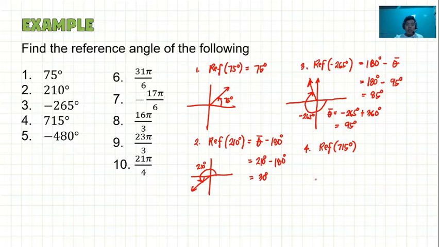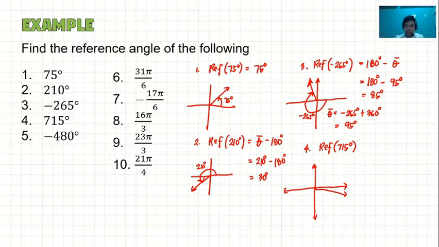So let's first locate 715 degrees in our Cartesian plane. So in this case, 715 degrees is more than one revolution and less than 720 degrees. So it is now somewhere here, right?